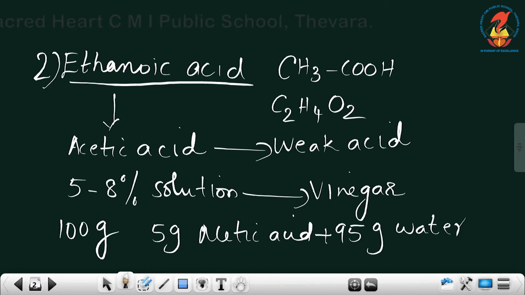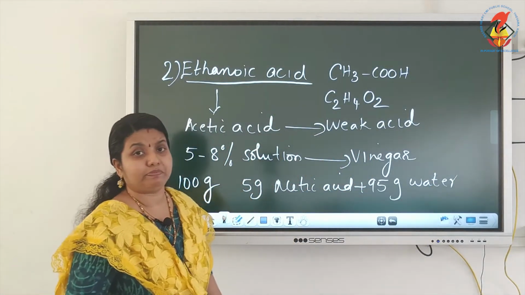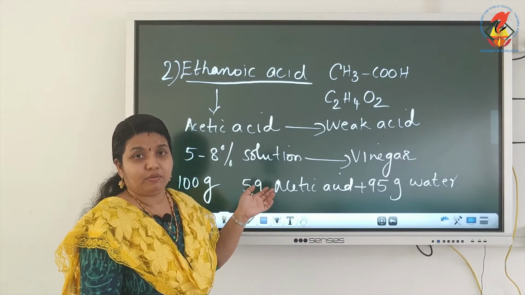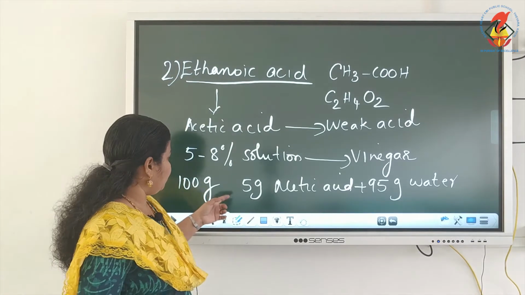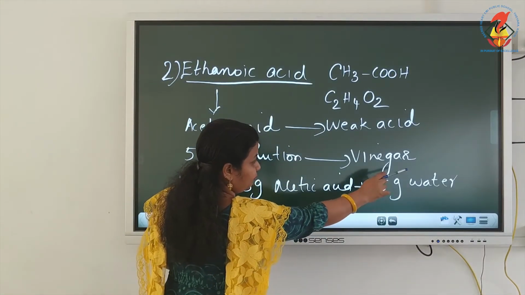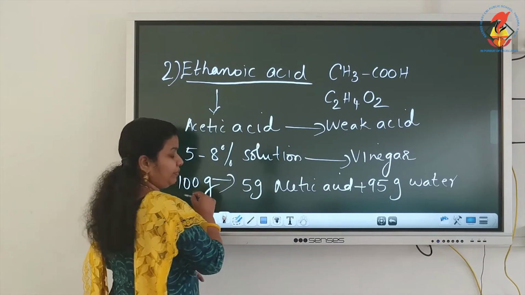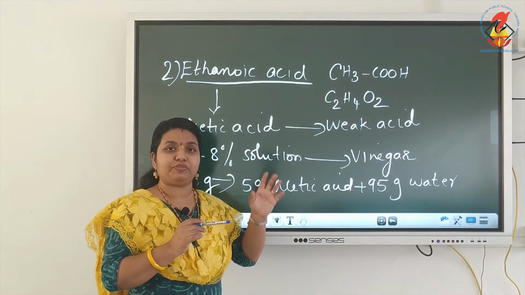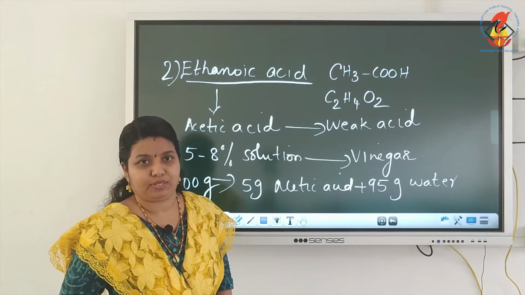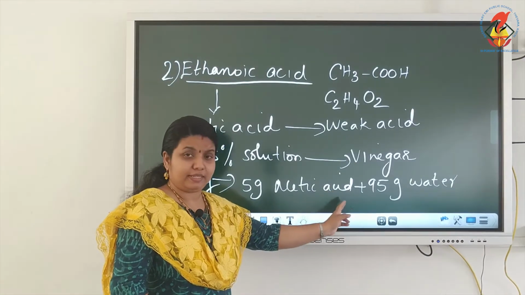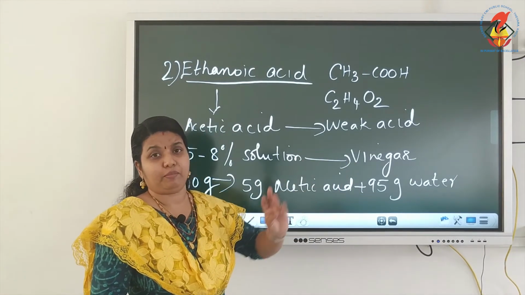Last year in 9th standard you learned mass by mass percentage, expressing concentration, mass by volume percentage, etc. So 5 gram of acetic acid is mixed with 95 gram of water. So the overall will be 100 gram. In 100 gram of the solution, the weight of acetic acid is 5 gram, that is a 5% solution. So 8% means 8 gram acetic acid and 92 gram of water.